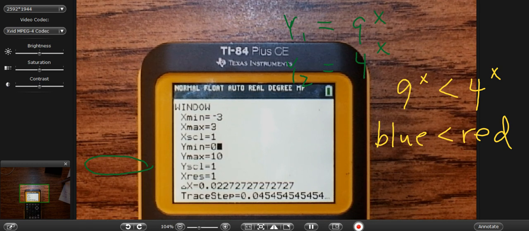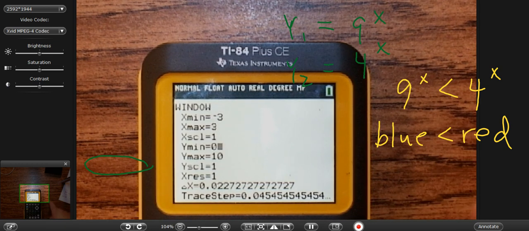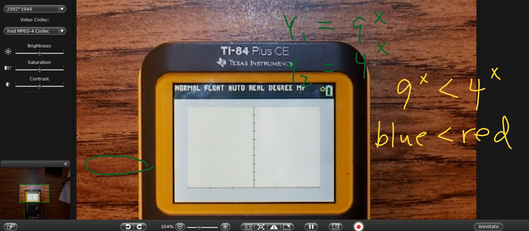Neither one of them has been shifted down at all. So if I look at my graph, there's my blue one, and we want to know when the blue one is less than the red one. Now, on the right side of my graph, is the blue one smaller than the red one?